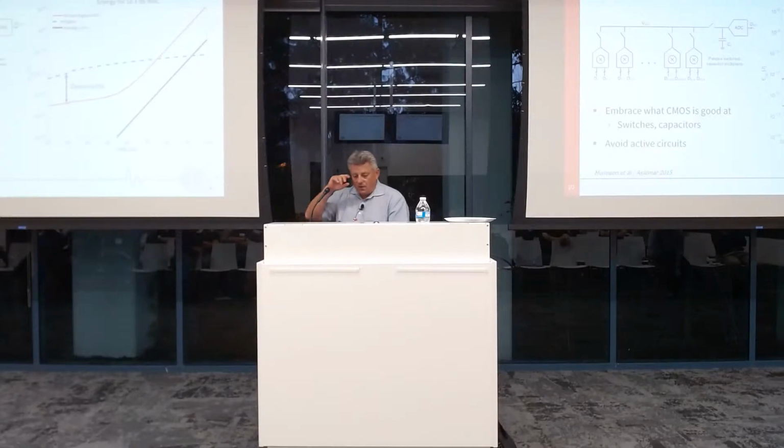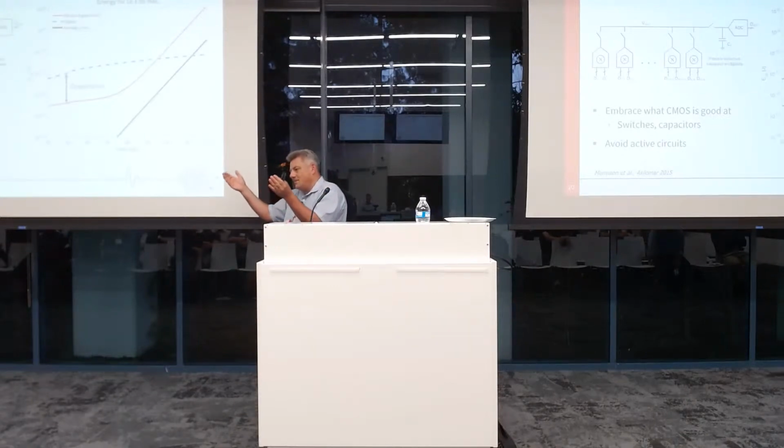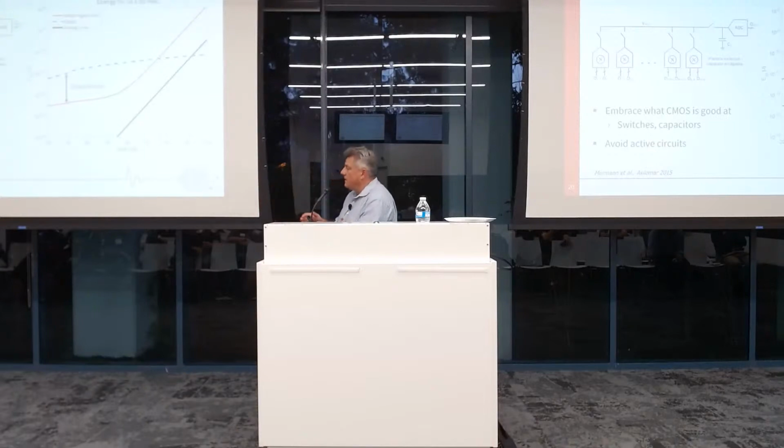In analog, if you want 1 extra bit, you have to go 4x in energy if you're noise limited. In digital, if you add 1 bit to a 10-bit bus, it's 10% or something like that. So the trade-off is very different. That's why this is sort of log-like and this is very steep. Here we're approaching the digital, because I always tell my friends, if you design a really low fidelity analog circuit, that's called a digital circuit. So the two ought to meet somewhere, because everything is analog at the end of the day.